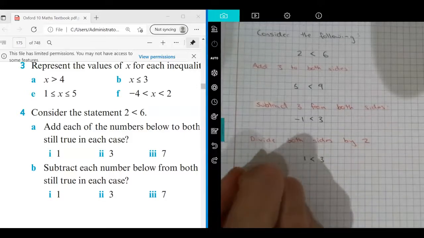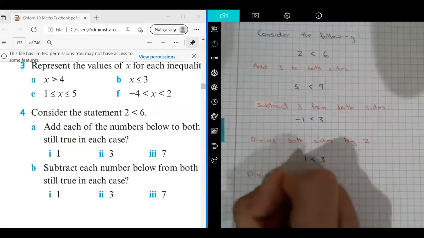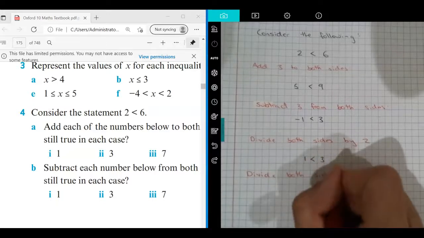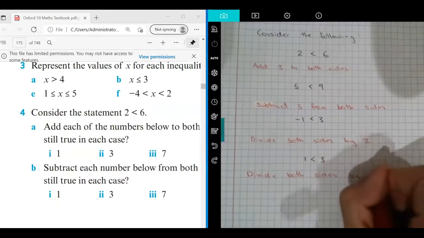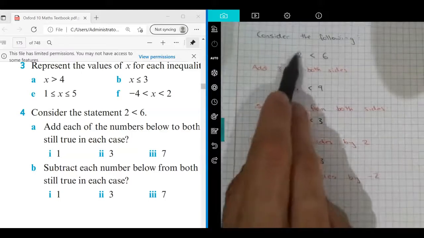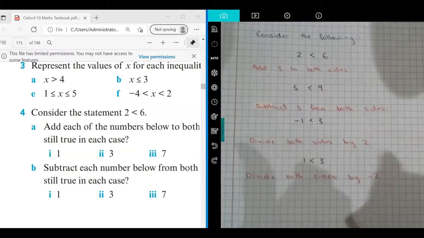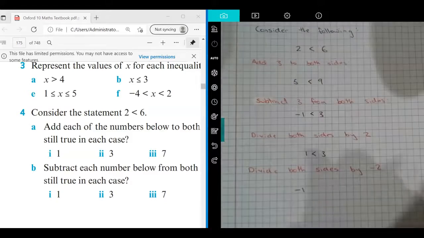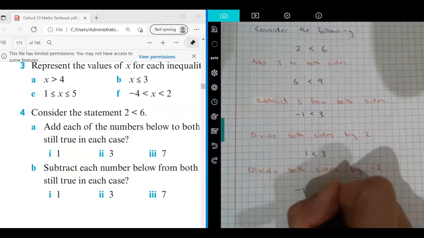Now, let's consider something a little different. What if I was to divide both sides by negative 2 rather than positive 2? If I divide 2 by negative 2, I'm going to get negative 1. And if I divide 6 by negative 2, I'm going to get negative 3.